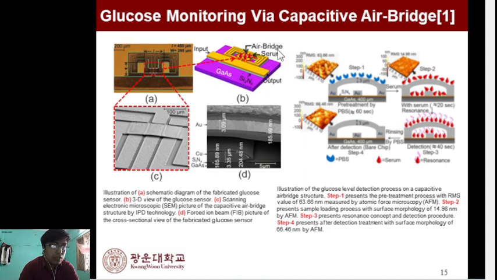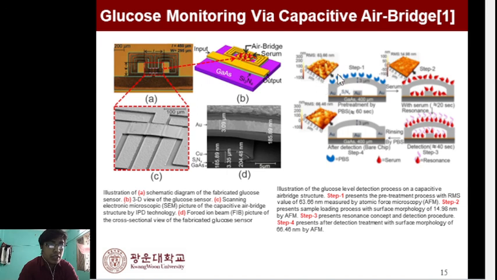We also discuss the ER bridge serum. Here also are some focused ion beam pictures across the fabricated glucose sensor. Basically, this type of capacitive ER based sensor is also measured by atomic force microscopy.